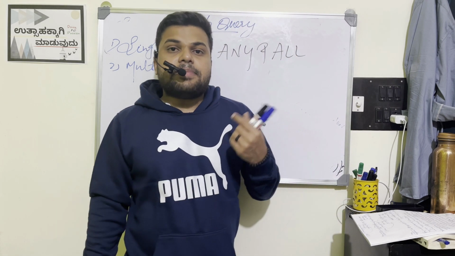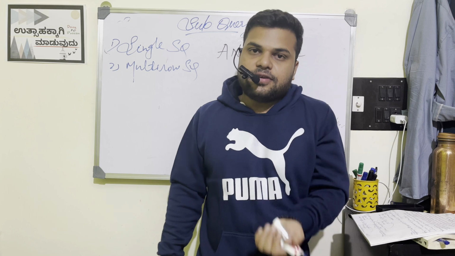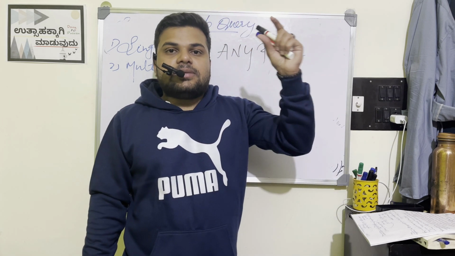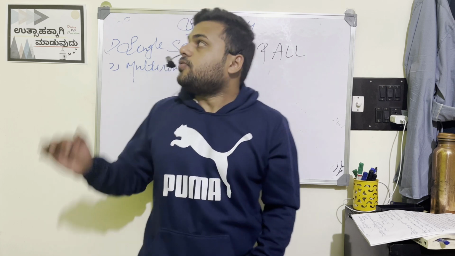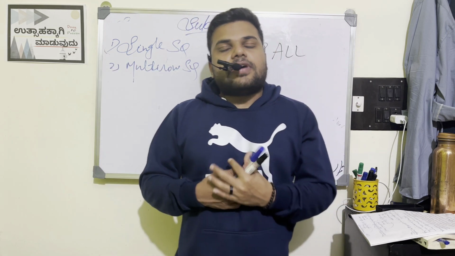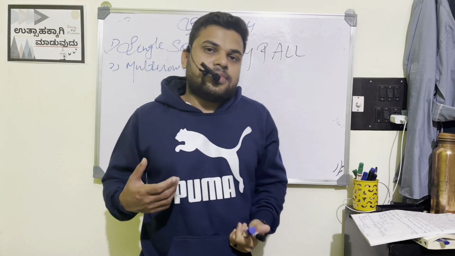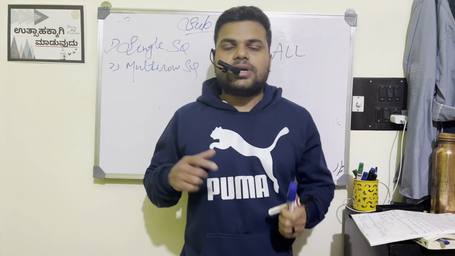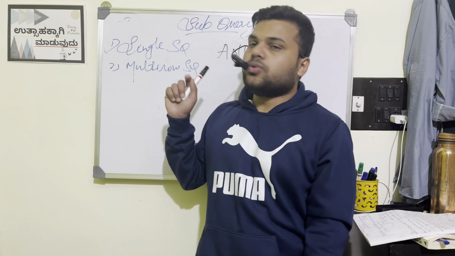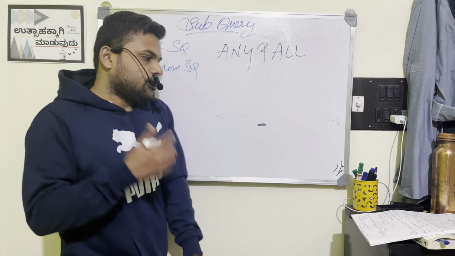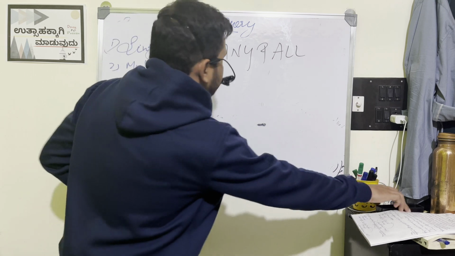Third case is mapping values present in the same table but in different rows. It means if I want to obtain the nth maximum or nth minimum value, then I will go for a subquery. For example, if I want to find the fourth maximum salary or third maximum salary, then I will go for subquery. Today in this tutorial, we will deal with only case one. Whenever we want to determine unknown values, I will take one question.